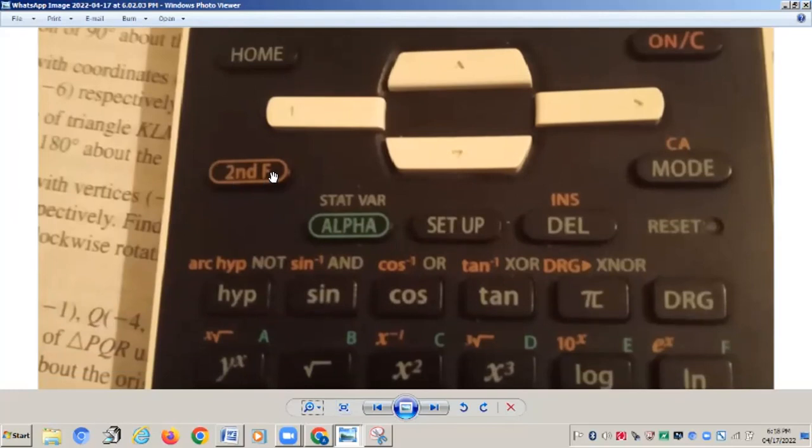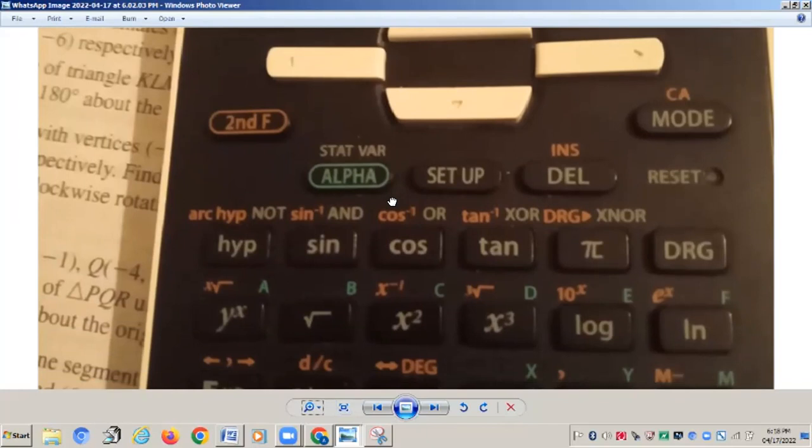It's called second function. Second function activates the functions on the top part of the calculator. You get it?